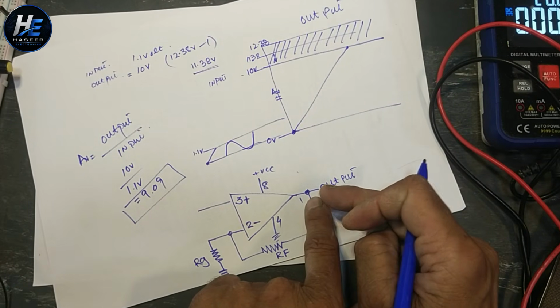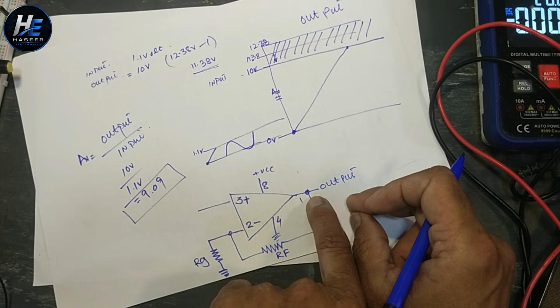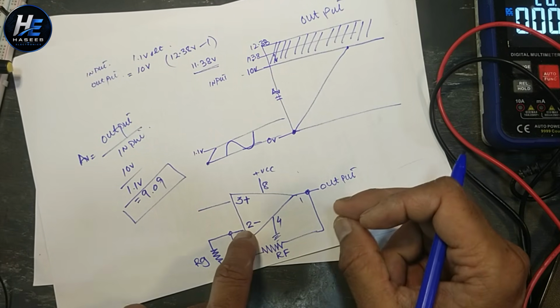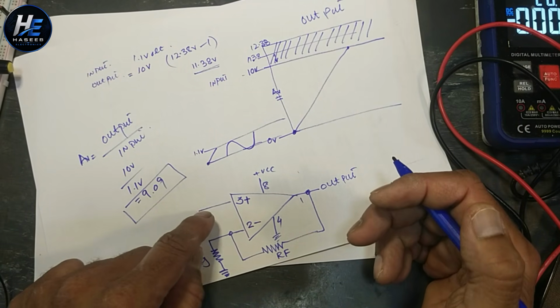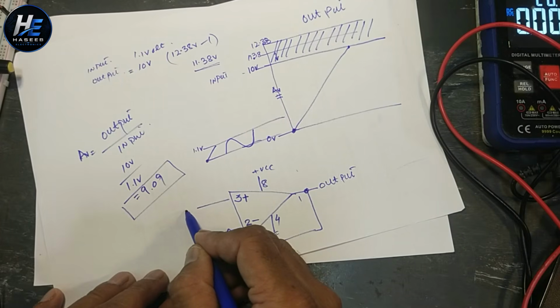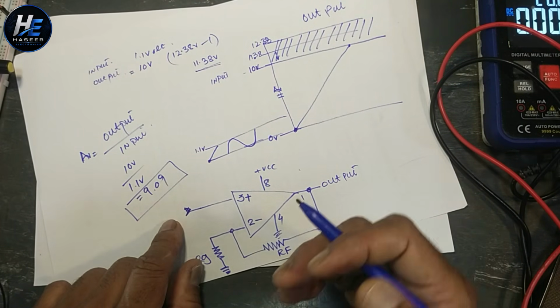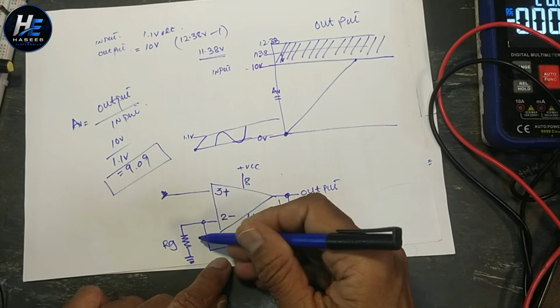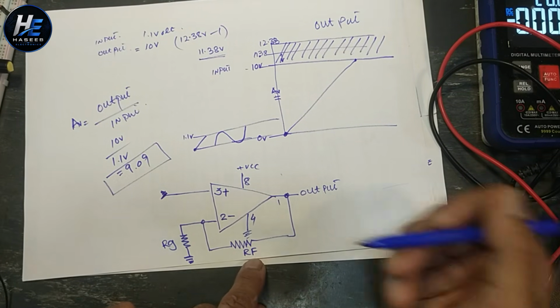We take some portion of this output and we feed it into the operational amplifier input as a reference, and we provide signal here. This is from any sensor, any transducer. We need to determine the resistors RG, RF.